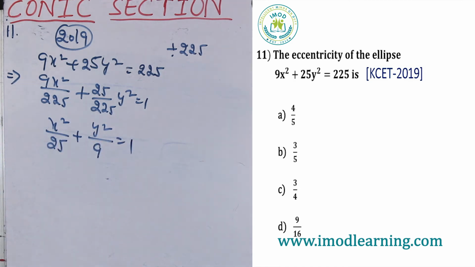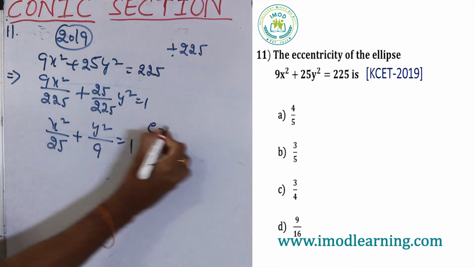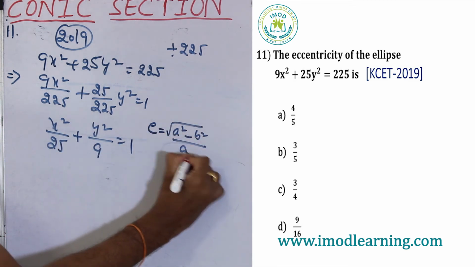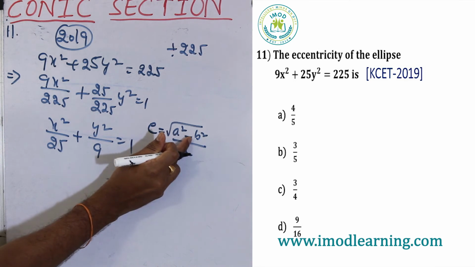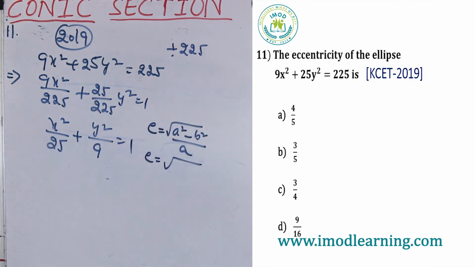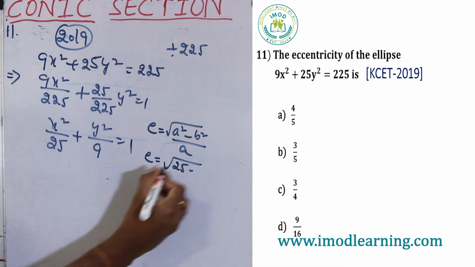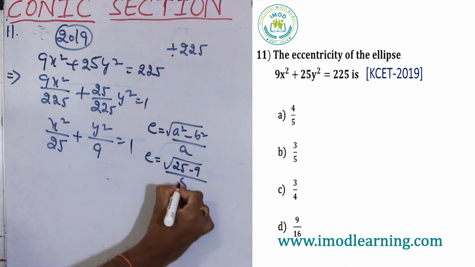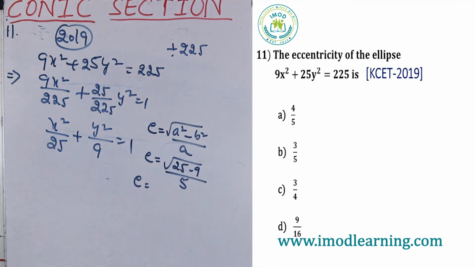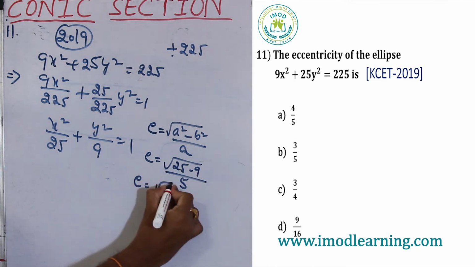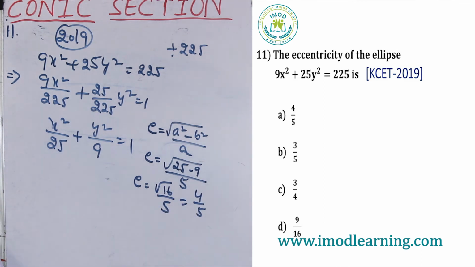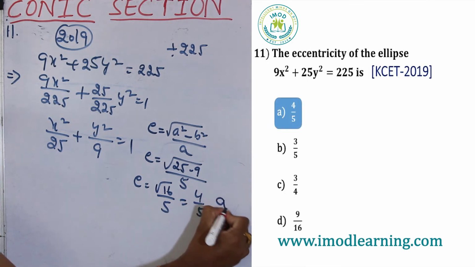The eccentricity, so e is equal to square root of a square minus b square divided by a. Minus becomes plus here. So e is equal to square root of a square, that is 25, minus b square, that is 9, divided by a, that is 5. So e is equal to square root of 25 minus 9, which goes to 16. Square root of 16 divided by 5, which is equal to 4 by 5. So answer is A.